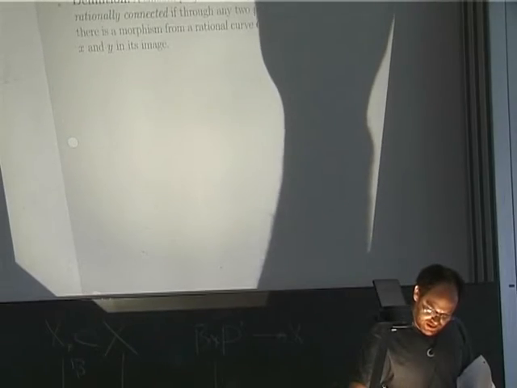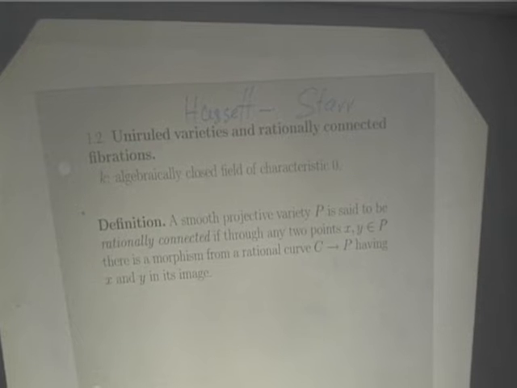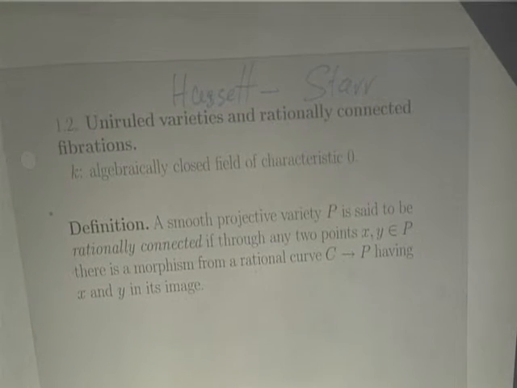So I'm going to mention a few things that I think were covered by Hassett and by Starr last week. I want to now analyze the types of varieties that can occur, at least in terms of the Kodaira dimension, at least roughly.